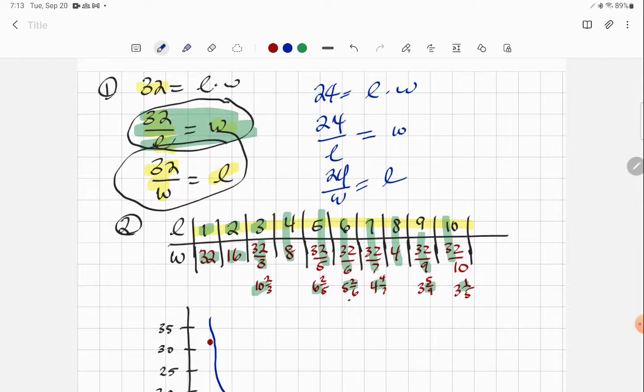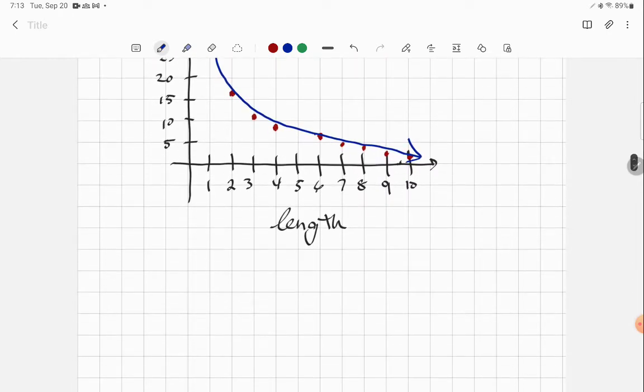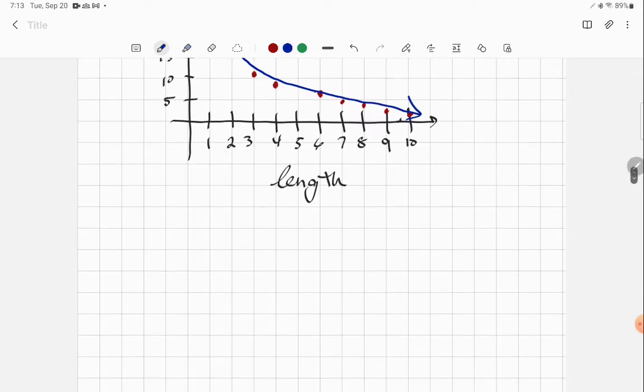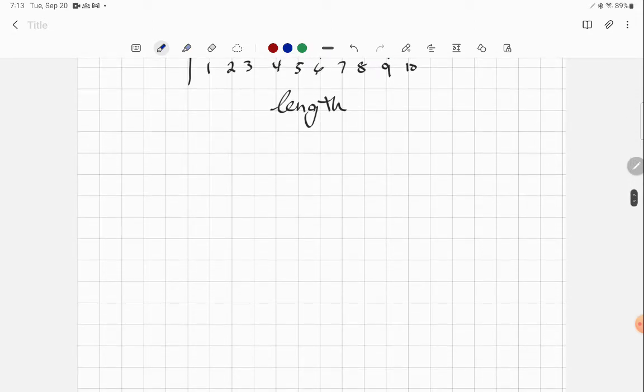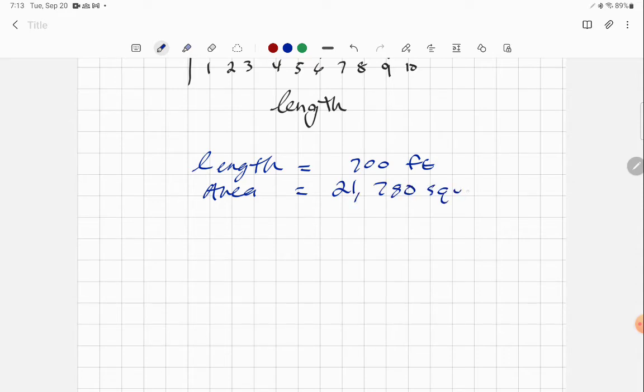And so with that said, to answer this question with the plots and all the different options, well, listen, if you have a person that wants a plot length to be, I don't know, let's say 700 feet, and we know that the area has to be 21,780 square feet, and we need to know the width, right?